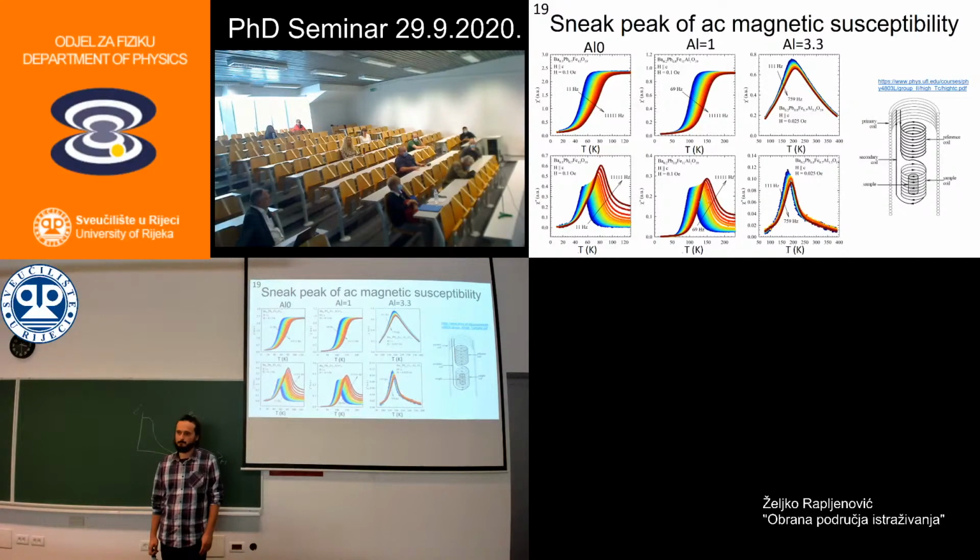If you have a spin glass, you will have all harmonics, but in a superparamagnet you will get only odd harmonics: first, third, fifth, and so on. This is quite straightforward to check.